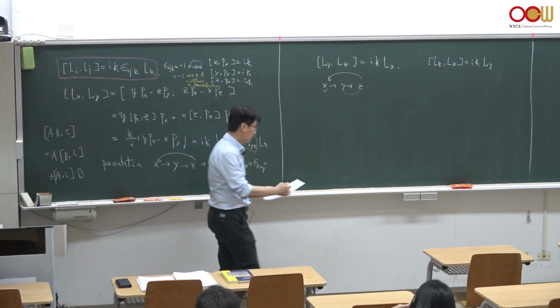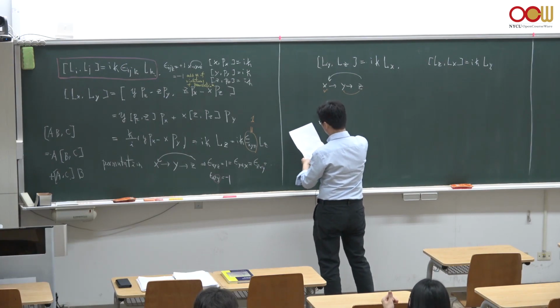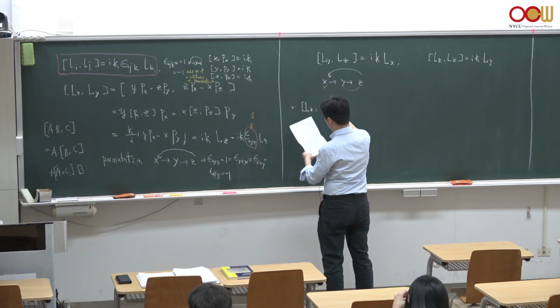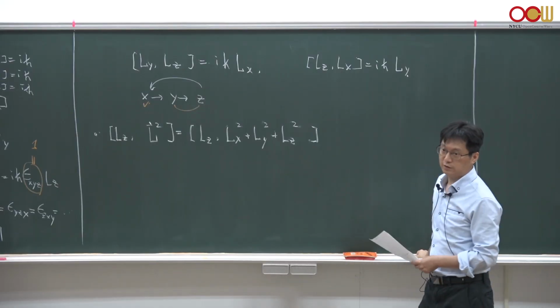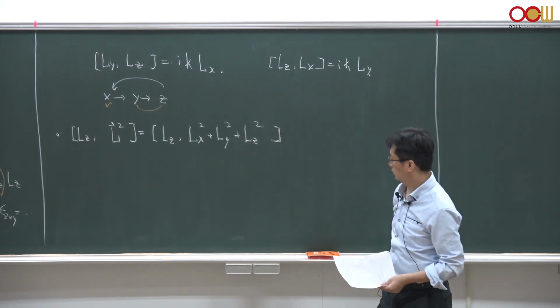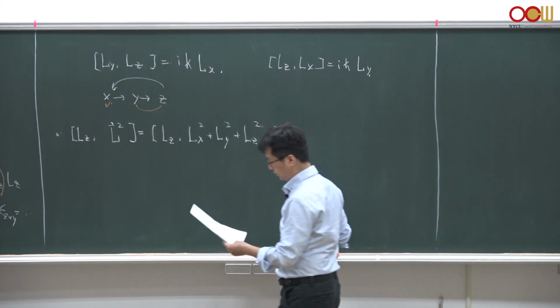Great. So let's try another commutator, which is between Lz and L squared. We could take advantage of what we have so far, which is the cyclic permutation of these commutation relations. And, well, let's just do it.